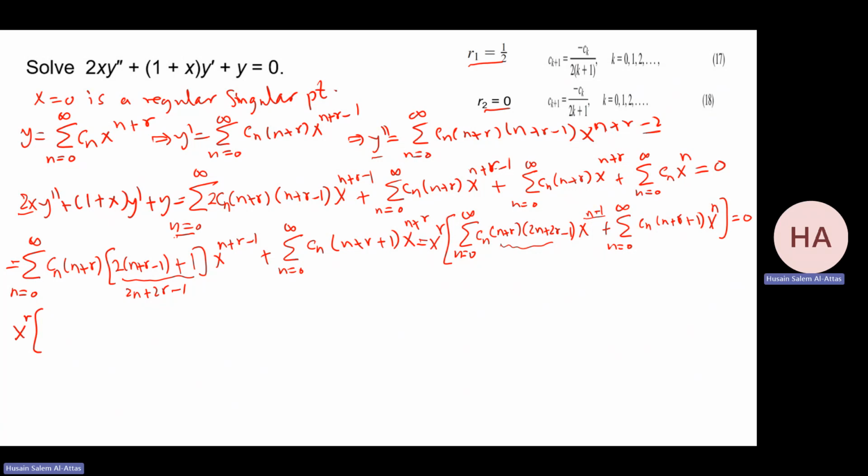That will be C0, n equals 0, r, 2r minus 1, x to the power minus 1, and the rest is starting from n equals 1 to infinity of Cn, n plus r, 2n plus 2r minus 1, x to the power n minus 1. And this is the same. I'm not doing any changes.